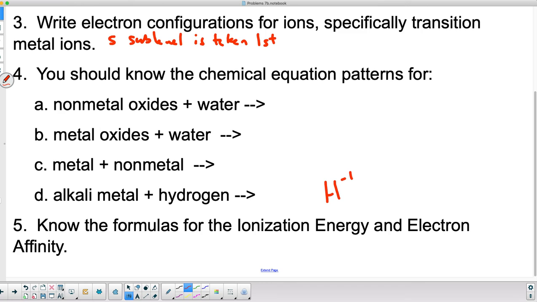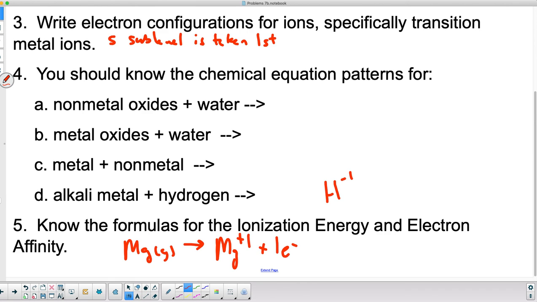So know the formulas for ionization energy and electron affinity. If you're not sure what I'm talking about, ionization energy would be like when we take magnesium in the gaseous form, and for ionization energy, this just goes to Mg with a +1 plus 1 electron, like that.